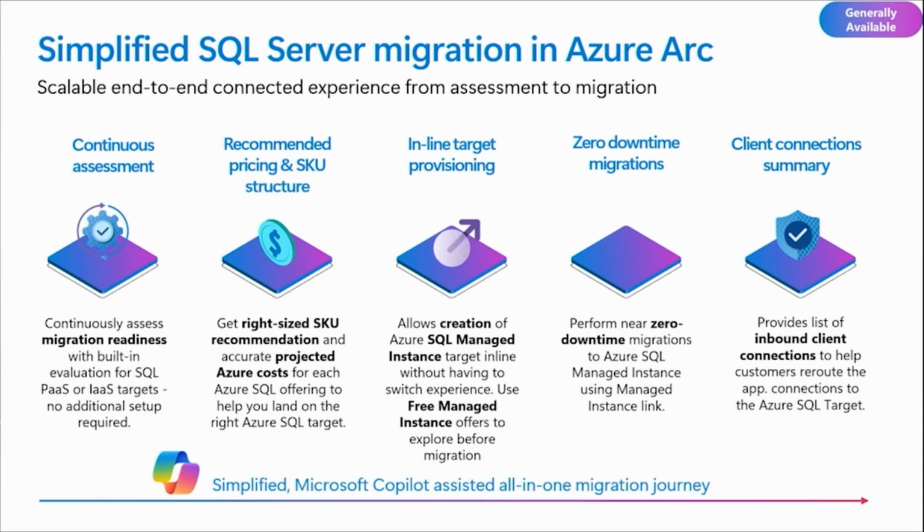So when you connect your on-prem servers or your servers that are running in another cloud with Azure Arc, not only can you see them in the Azure portal, but you also now get, as of today, generally available, continuous assessment, where we will pull for the features that are being used in your database and the CPU that's being used in your database and other key metrics to help make recommendations for either landing this workload in IaaS or PaaS, and whether managed instance or SQLDB is a good fit for this.